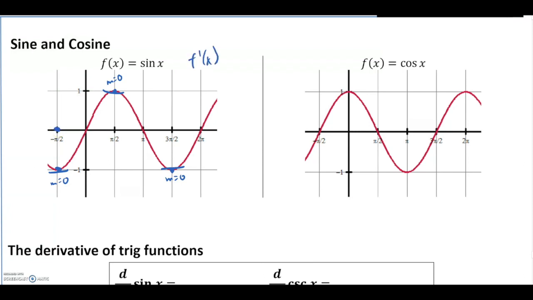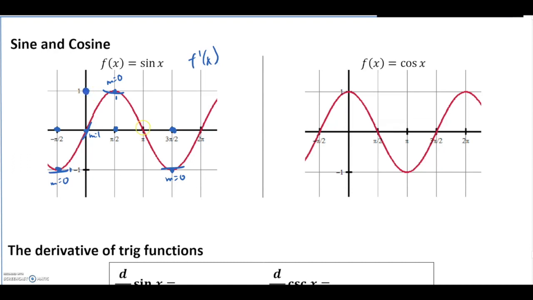All of those will be zeros, will be roots for the derivative. In between those spots, though, I want you to think about what is happening. Let's start with this one over here to this 0 over here. This function is increasing. This should be a spot where that derivative is positive. And when I get to this point right here, it certainly looks like this might be a slope of about 1. And in fact, it is.